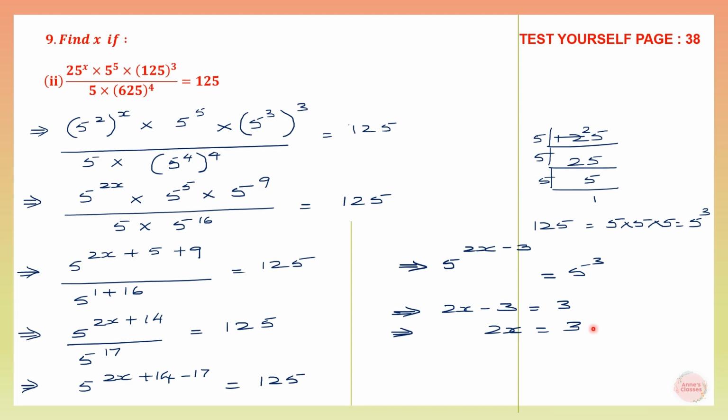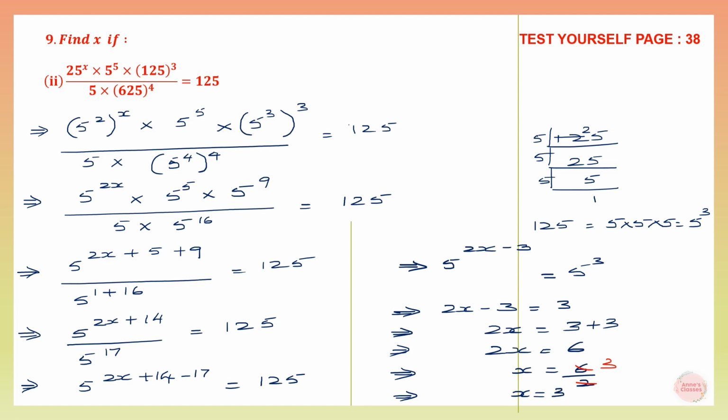It's going to become plus 3. So 2x is equal to 3 plus 3, which is 6. Therefore, x is equal to 6 divided by 2. That means x is equal to 6 divided by 2, how much? 2 threes are 6. So x is equal to 3.